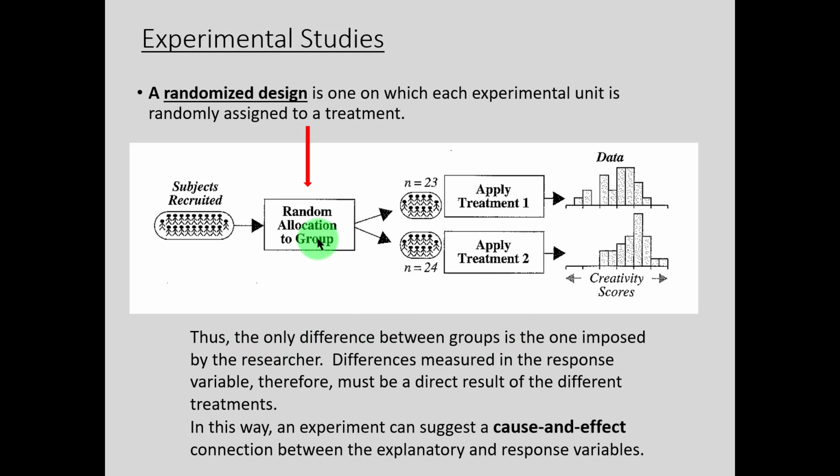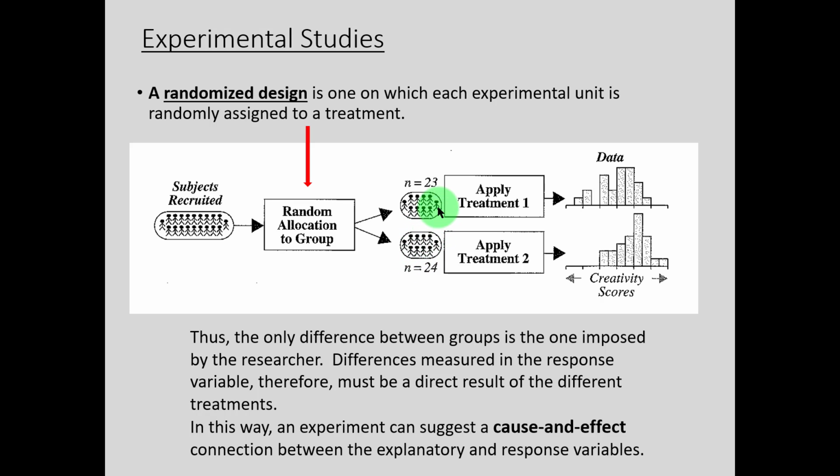This random allocation of the individuals to the groups allows the researcher to assume that the only difference between the groups is the one that is imposed, i.e. the treatment in group 1, the red pill, and the treatment in group 2, the blue pill, so that the individuals in each group exhibit features that are present in both groups and intermixed.